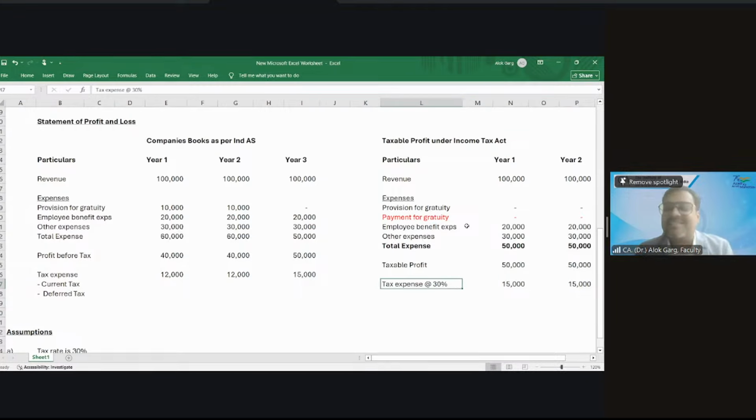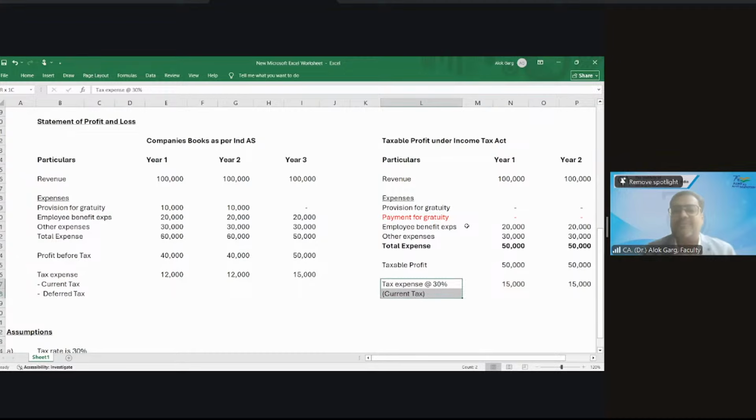And this tax expense, what is the nature of this tax expense? This is my current tax. Income tax says I don't know the concept of deferred tax. This deferred tax is created by accounting standards. In the income tax act, there is no word of deferred tax.